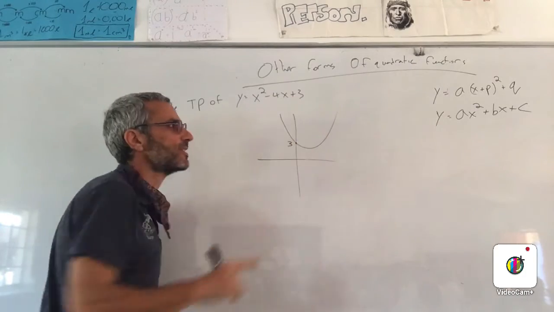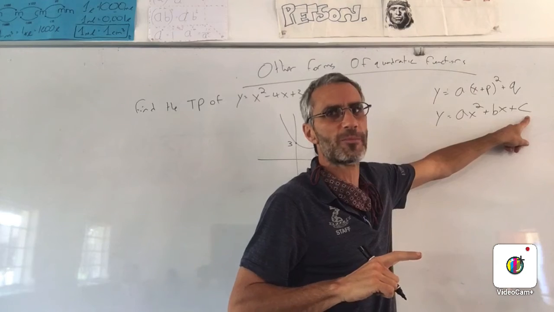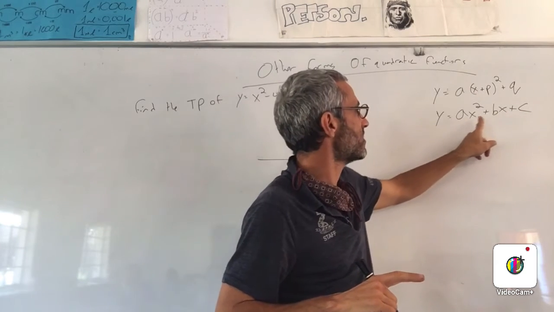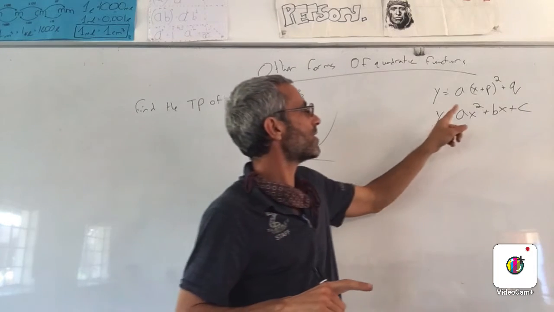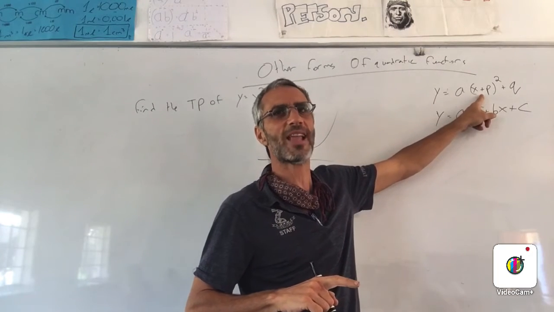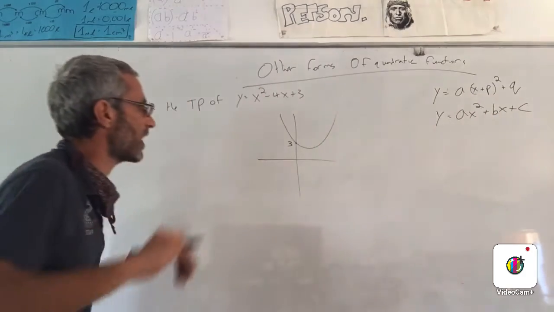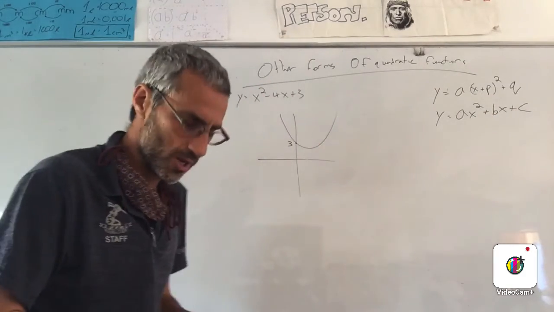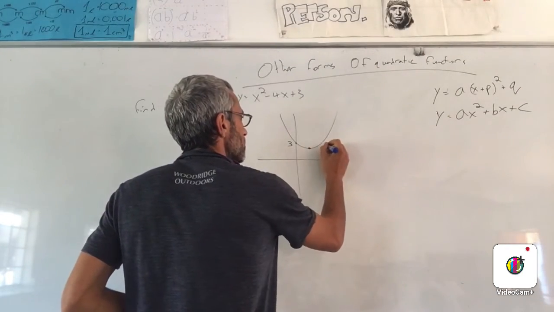This is one of the great things about this form. It gives me the y-intercept very easily. If I put x as 0, that's your y-intercept, where we didn't really have it in the other form. So every form has an advantage, more on that later. What I'm interested in here is to find the turning point.